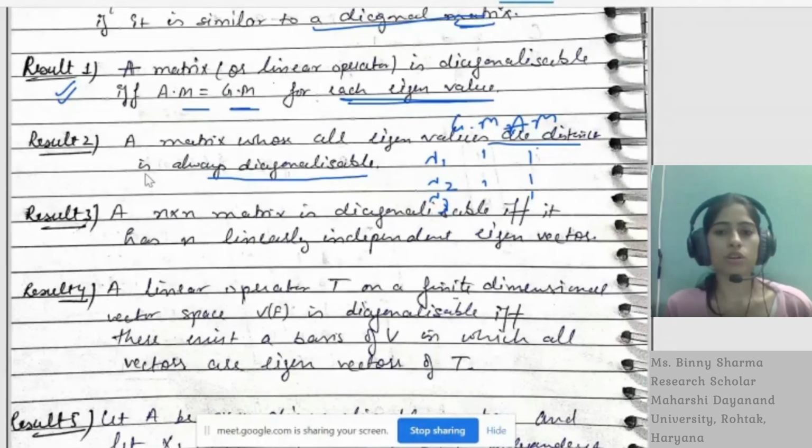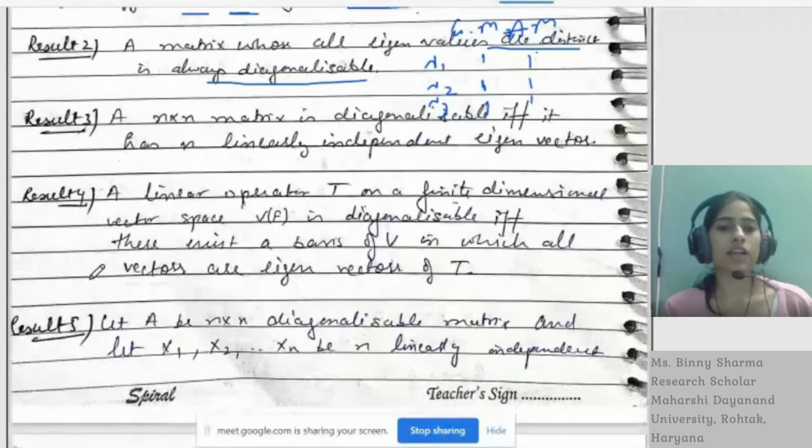GM is also 1 if AM is 1. Then from the above result, we can say that the matrix is diagonalizable. So a matrix whose eigenvalues are all distinct is always diagonalizable.